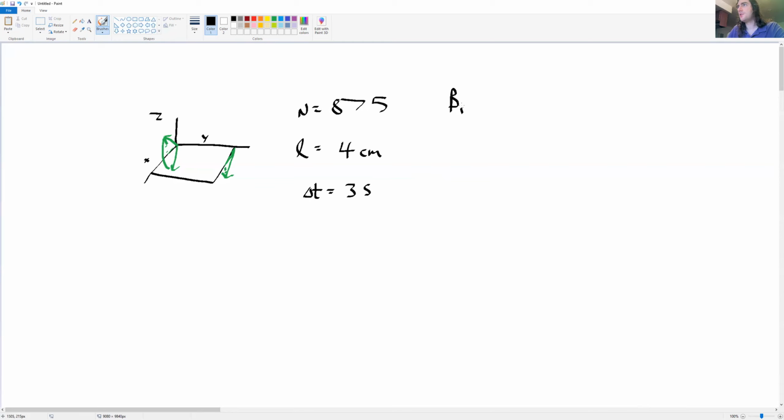The initial field is 0.2 x hat plus 1.5 z hat.